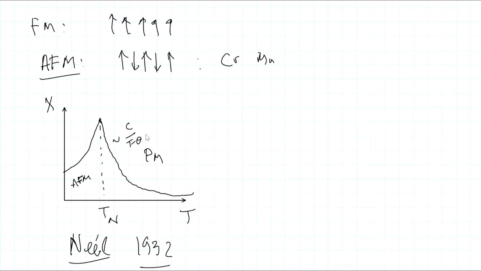But if you plot an inverse susceptibility, let me draw it slightly different. Let me draw it by hand. So we go like this. Temperature, 1 over susceptibility.